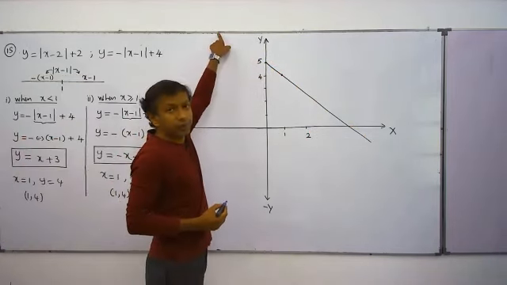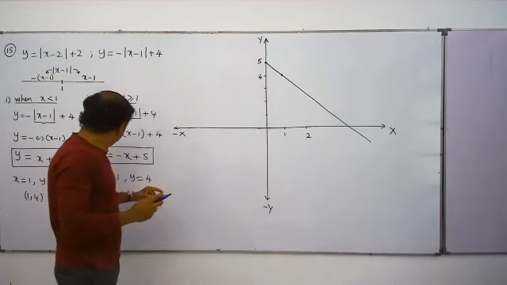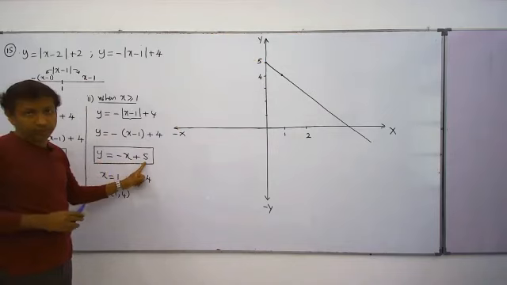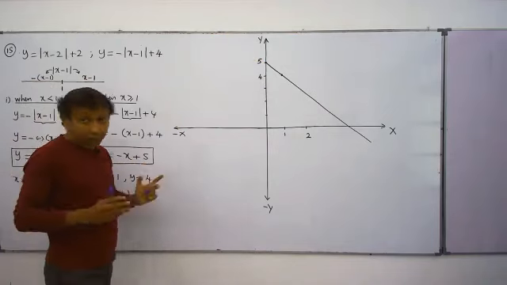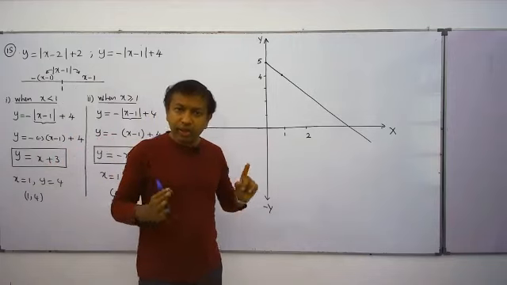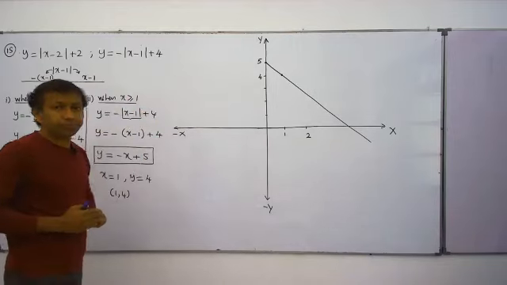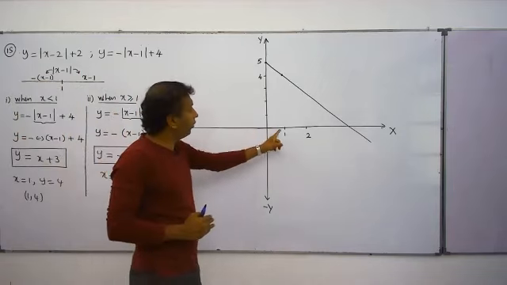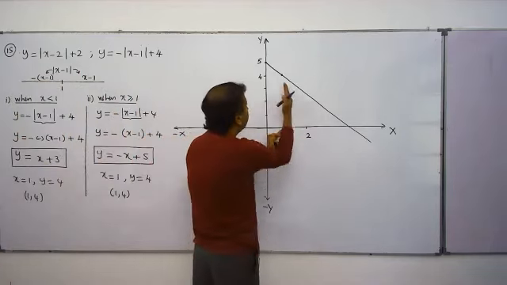Then we get the whole line of the equation y equals minus x plus 5. But do we need the whole line? No. We need of that line only the part which is on the right of 1. Right of 1 means this part.